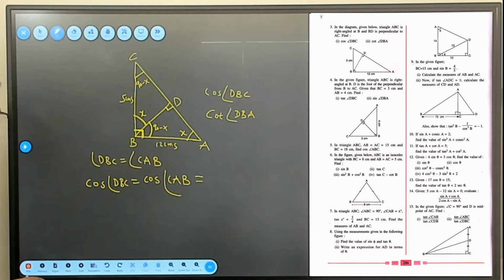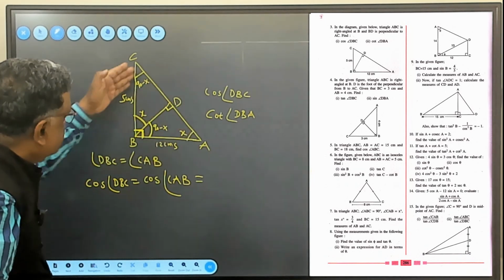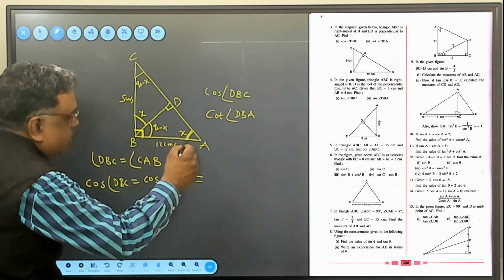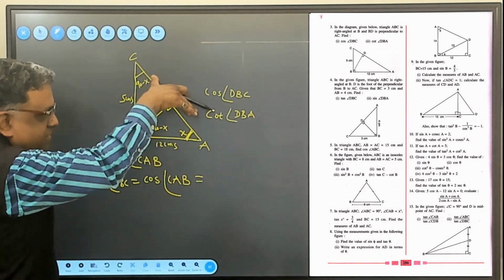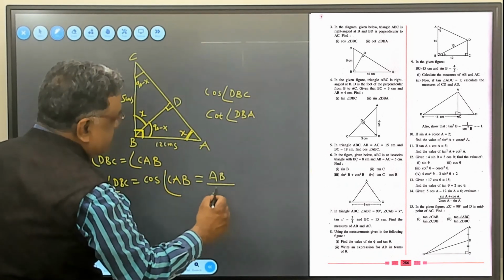Yes or no? So cos of angle CAB in this triangle ABC. So cos of this angle is adjacent upon hypotenuse. So it will be AB upon AC.